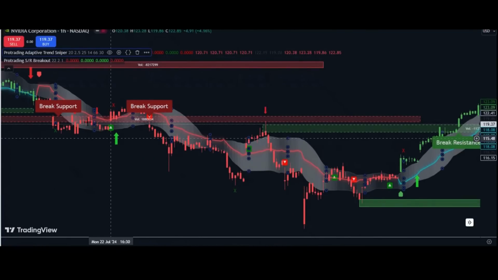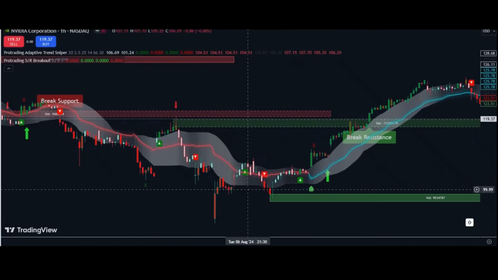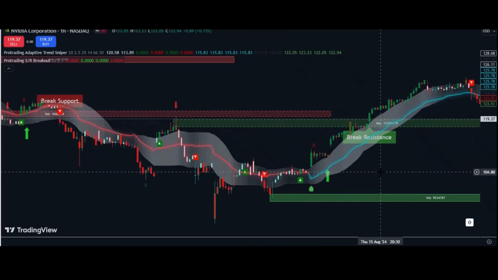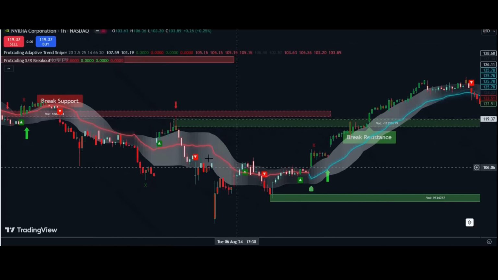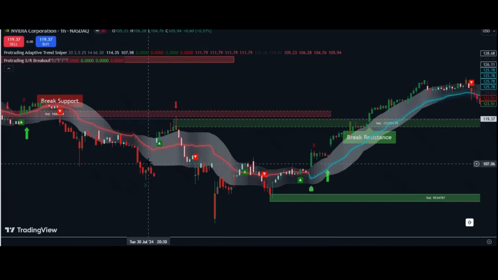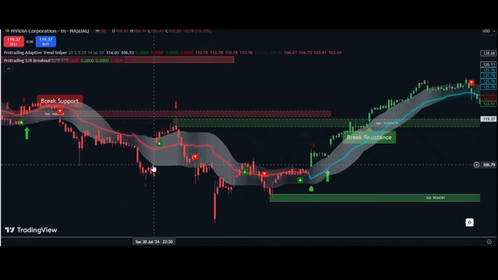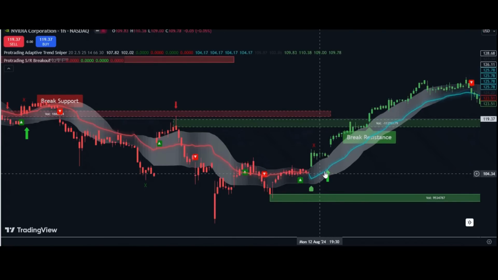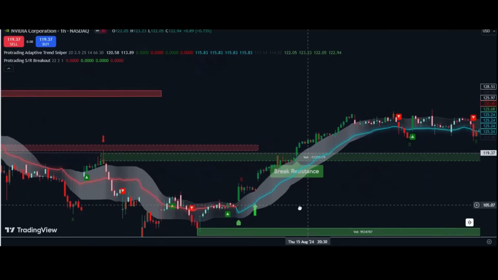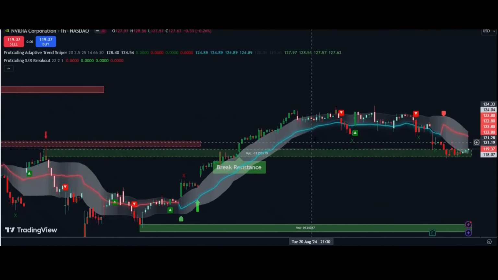So first, identify the direction of the trend, then it will be easier for you to follow the next step of the strategy. Once you identify the direction, you know that when it's red, you are currently in a downtrend, so you can only make a sell trade decision. When the color changes to blue, you know that you are currently in an uptrend, and at that point you can only make a buy decision.